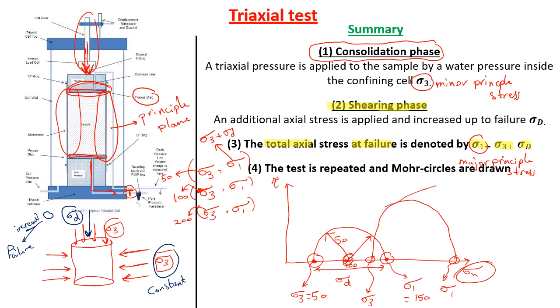So let's say that this is the tangent. This is your failure line or failure envelope according to the Mohr-Coulomb approach. Then in this way you can find your intercept on the y-axis, which is the value of c, and you can measure the value of the angle between the failure envelope and the horizontal axis. This angle is phi.